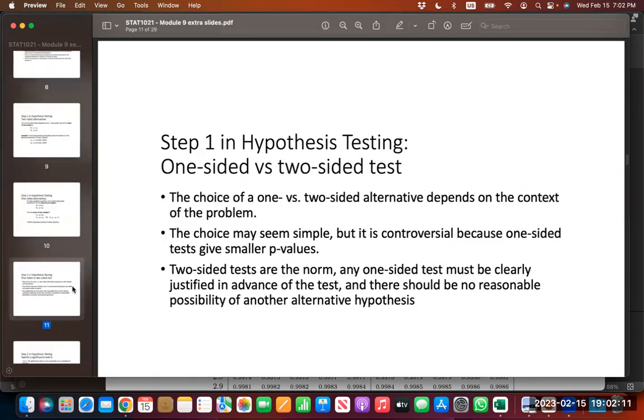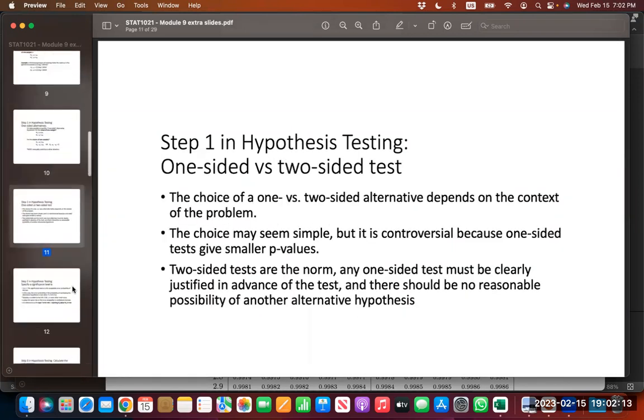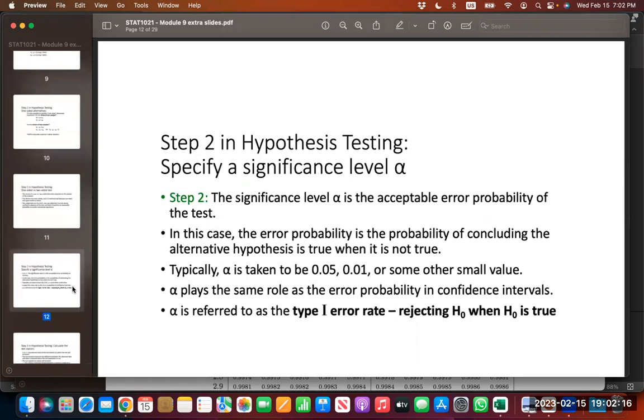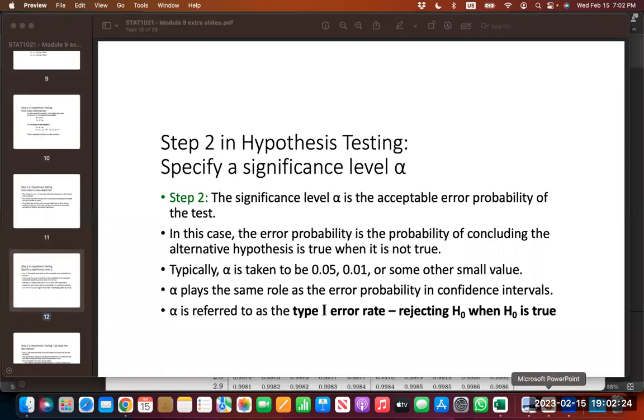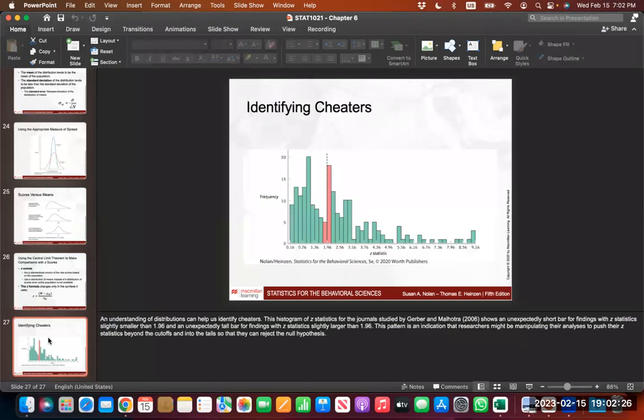Which one's more common? Type 1 or type 2? Or are they just... It depends what you're looking at. So type 1 error, well, according to Nolan and Heinzen, there's actually a high prevalence of type 1 error, because the type 1 error will associate with a z-score of 1.96. That's 5% that's commonly used for this probability.